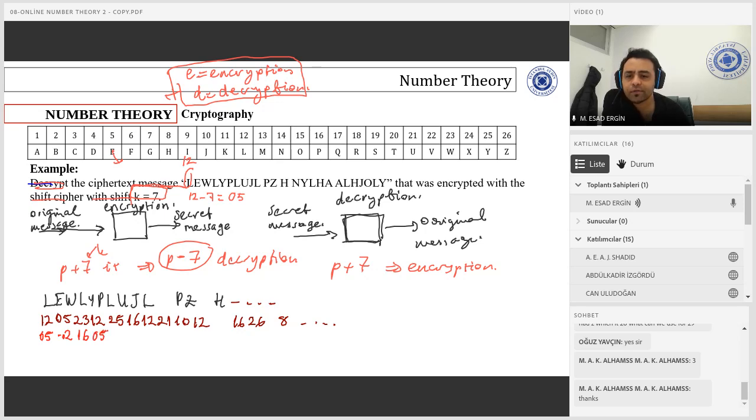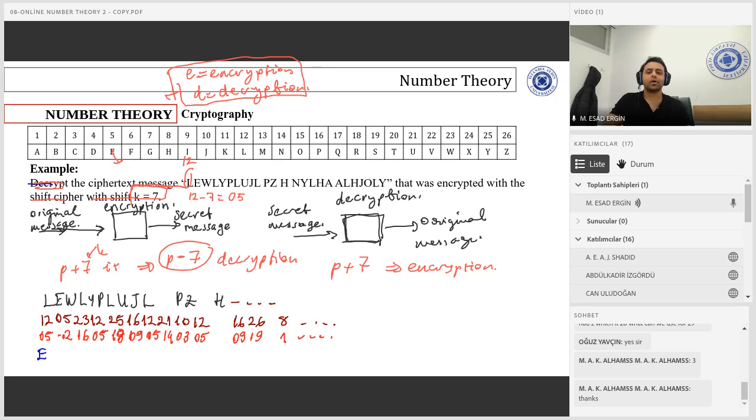The rest will be 18, 9, 5, 14, 3, 5, 9, 19, 1, and it continues. So for the first one, 5 will be E.